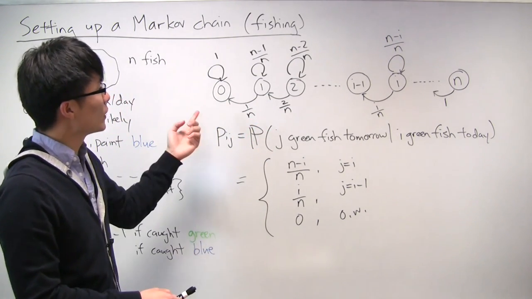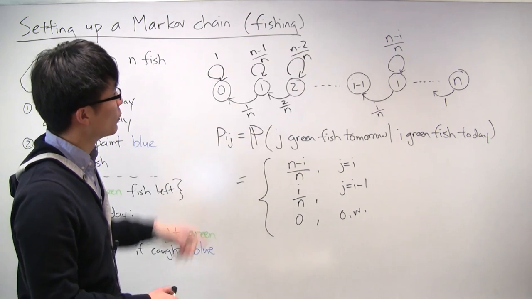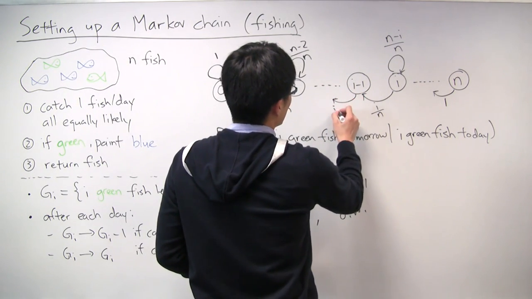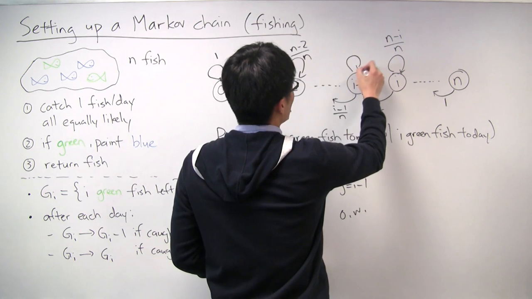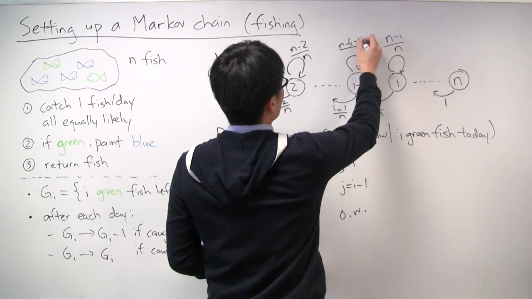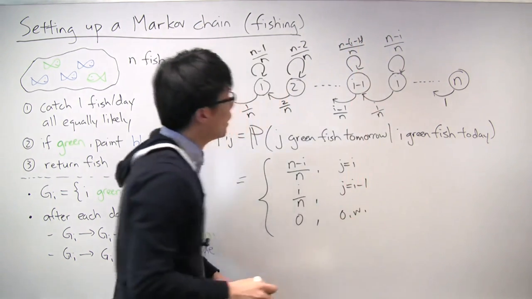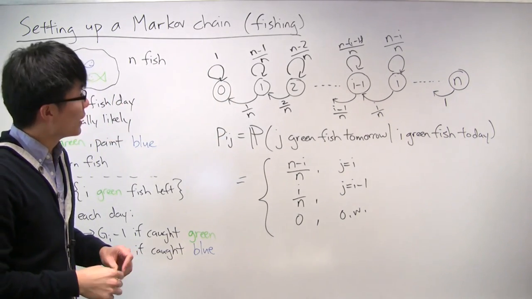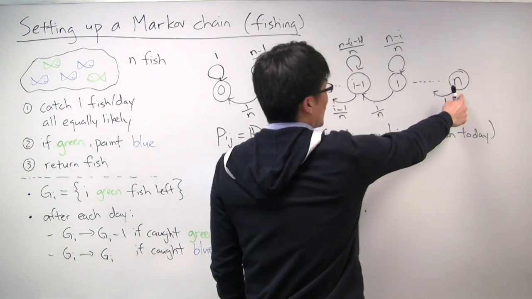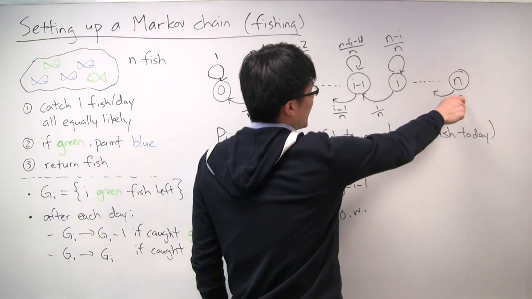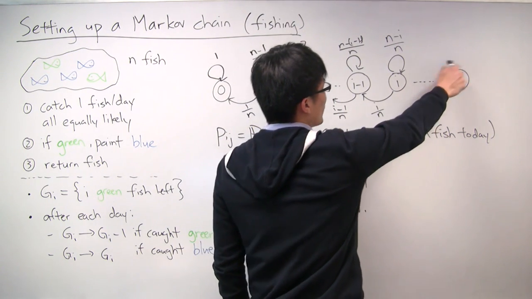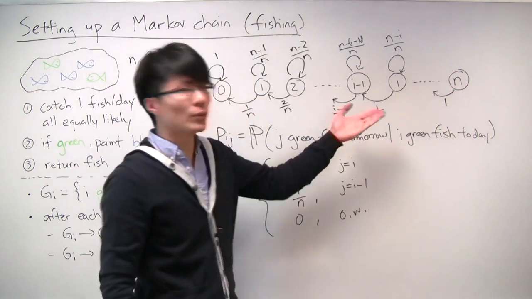All right, so now let's look at this and see which states are recurrent and which are transient. We can fill this in more. Let's look at state n. We're guaranteed to go from state n to state n minus 1, and once we're in state n minus 1, there's no way for us to go back to state n because we can't generate more green fish.